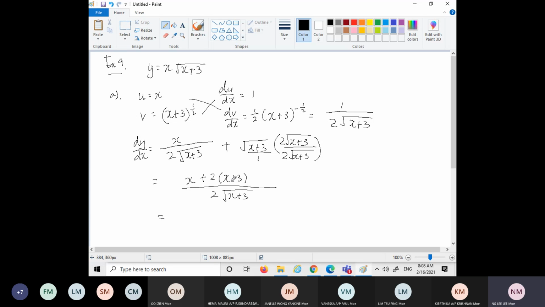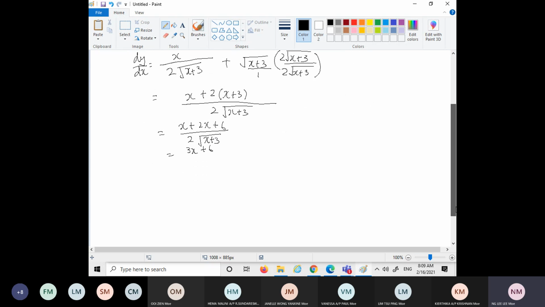Then this part you can expand and combine: 2x, 6, and this one just copy. x plus 2x is 3x, and then 2x plus 3.